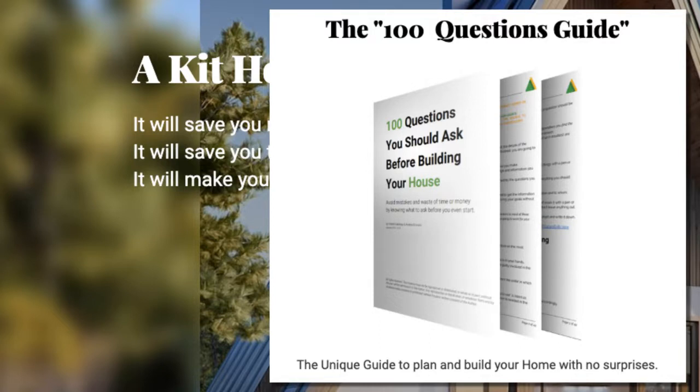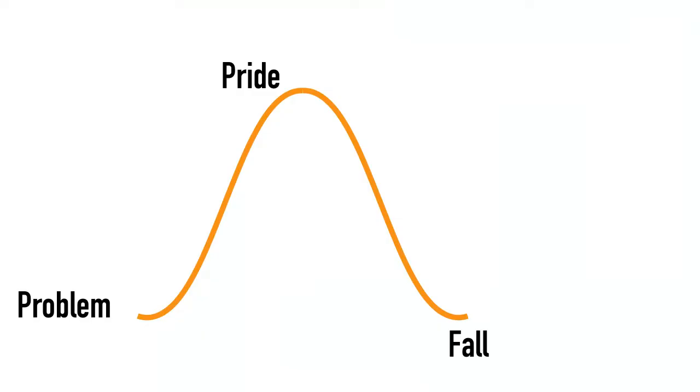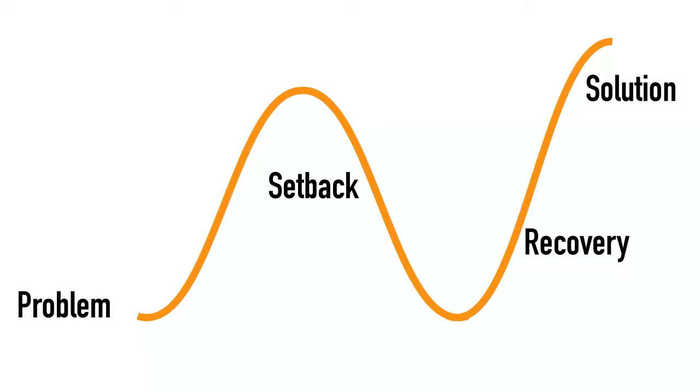So what's going on here is, we've gone from the pride and fall story, we've moved it on to a story which is like a roller coaster. So you start with a problem, you try to solve it. Somewhere along the line, you hit a setback. You hit a problem, you hit another problem, and then you recover, or you help your customer recover to get a solution.